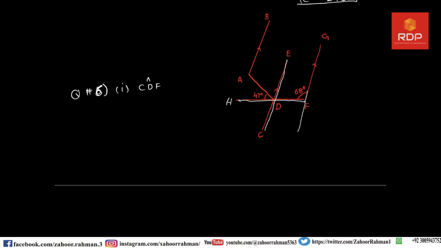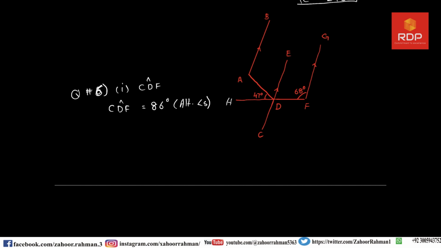So it means this angle will be equal to this angle. And we can say that in the question that CDF is equal to 86 degree. How? By alternate angles theorem. So I am writing alternate angles.